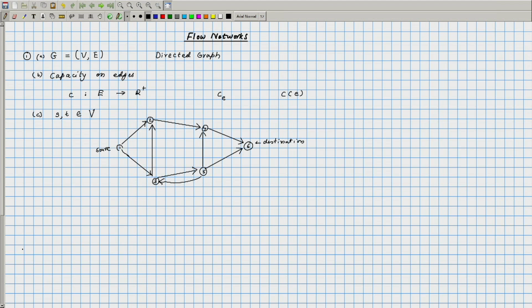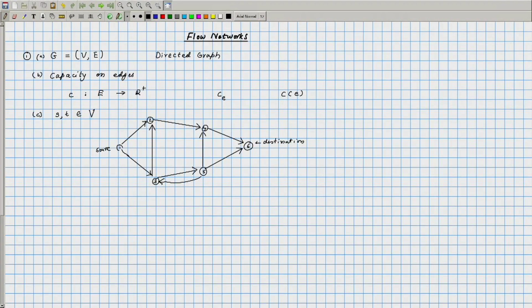And at the destination, all the edges are incoming edges. So, these are the restrictions. Capacity has to be positive, at the source all the edges are outgoing, and at the destination all the edges are incoming. At the internal nodes, that is the nodes that are neither source nor destination, the edges could be in either direction. So, this is the definition of a flow network.